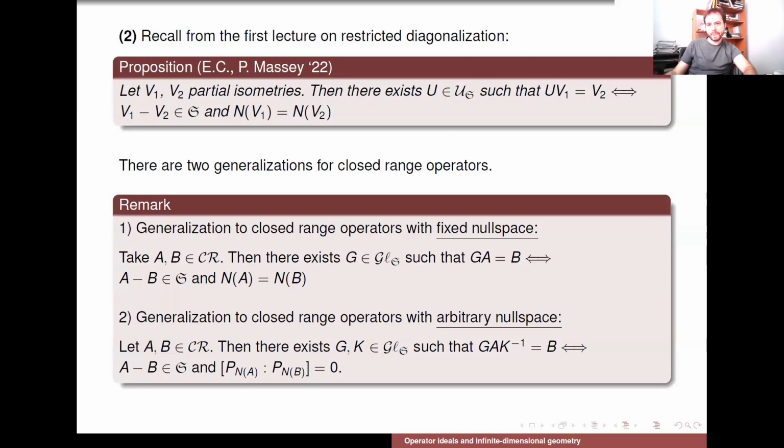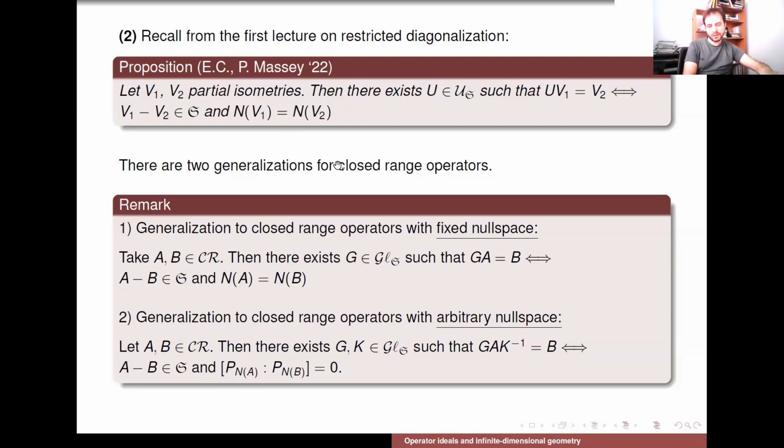Our second remark is again related to what we studied in our previous lecture. Recall this Stiefel type orbit associated to partial isometries and operator ideals. Recall that given two partial isometries, there is a unitary satisfying this condition, sending the partial isometry V1 to the partial isometry V2, if and only if these two conditions here hold.